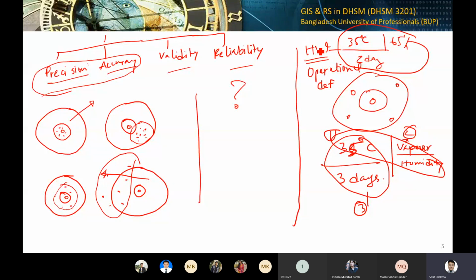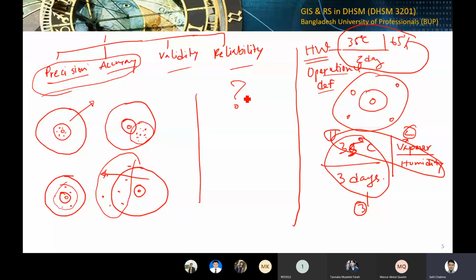All right. So if your operational definition involves these three categories, at that moment you have to collect the maximum temperature data, the water vapor content data, and the time series data of temperature. That means you have every day's temperature data to identify whether the temperature is continuously above 35 degrees Celsius or not. But if you do not identify these definitions, you are at a loss.